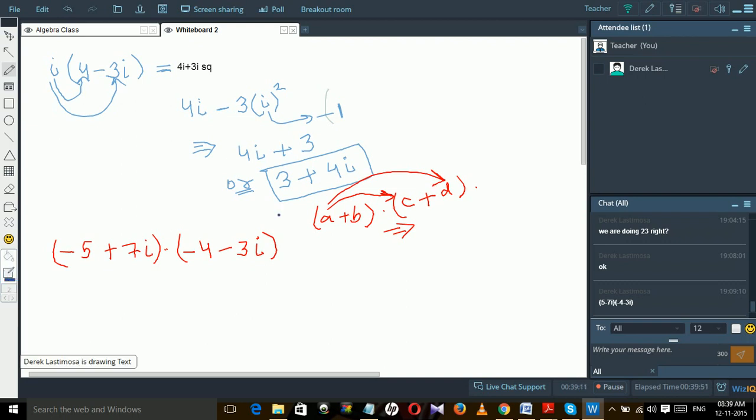We'll distribute this to this, and secondly we'll do it for b. FOIL. What is FOIL?